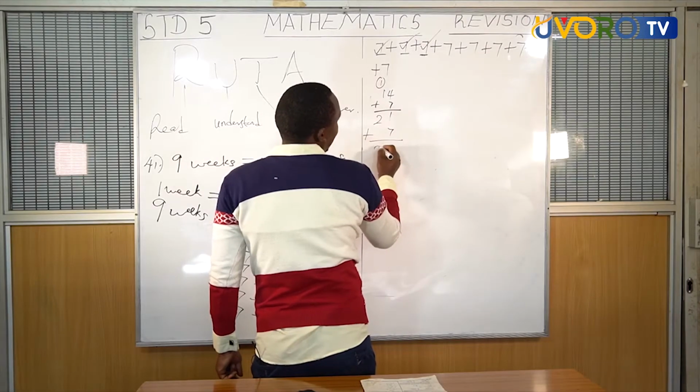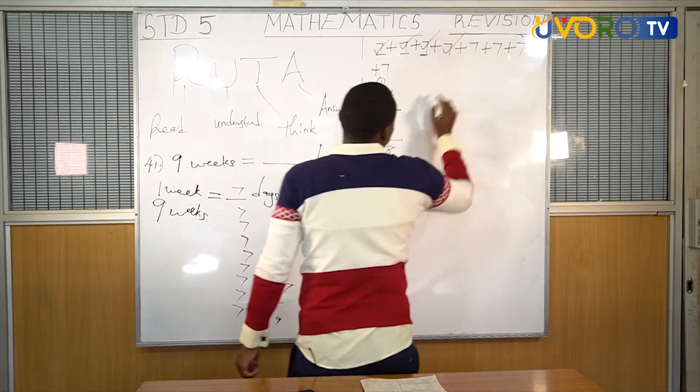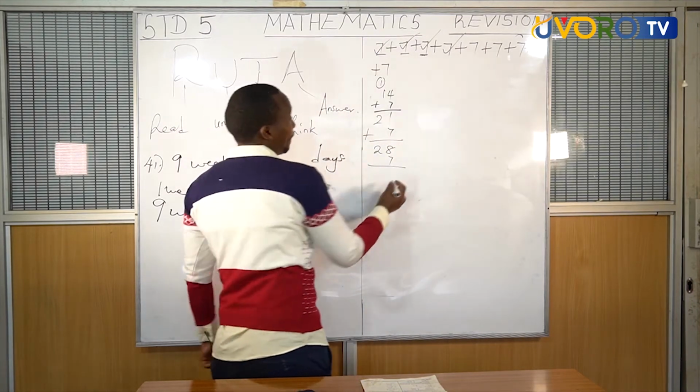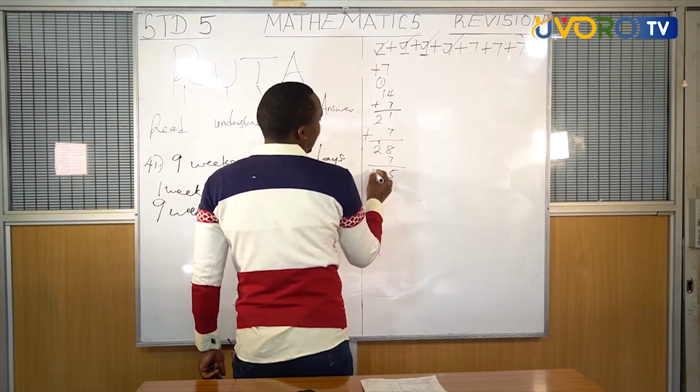Plus 7. That is 28. Plus another 7. That is 8 plus 7, 15. Carry 1. That is 35.